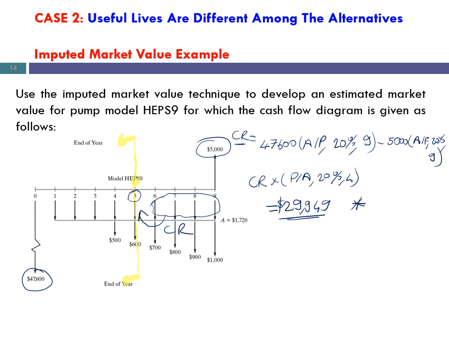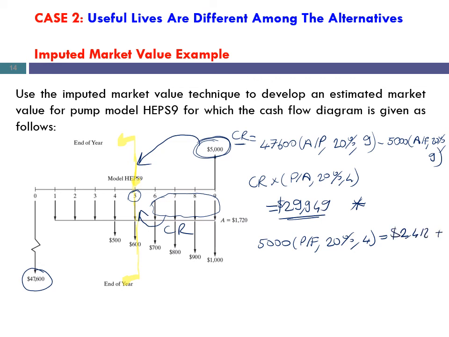It's not over yet, because in the imputed market value technique, we also need to find the equivalent worth of the original market value at time 5. So I multiply this 5,000 with P given F and 20% MAR, and how many years am I taking it back? It is 4 years. So its value is $2,412.